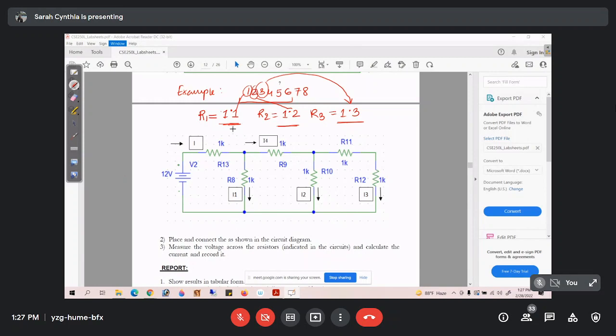However, practically we do not necessarily have all the values of resistances. So there may be 1 kilo ohm, then there can be 2.2 kilo ohm, there can be 3.3 kilo ohm. So you won't be getting each and every resistance in practical life, okay? So this can only be applied when we are using a simulator or a software, okay?